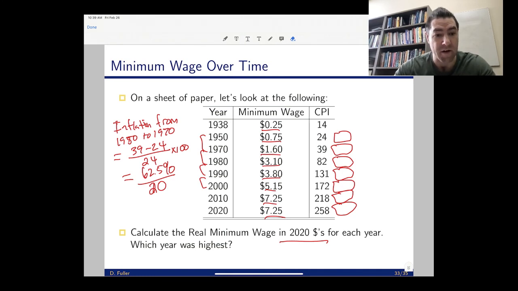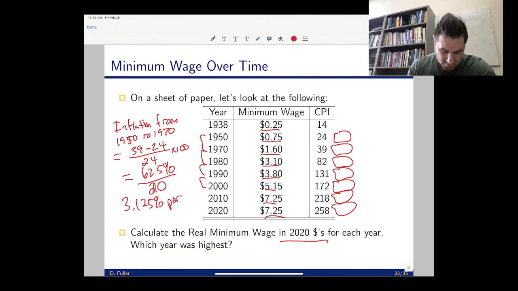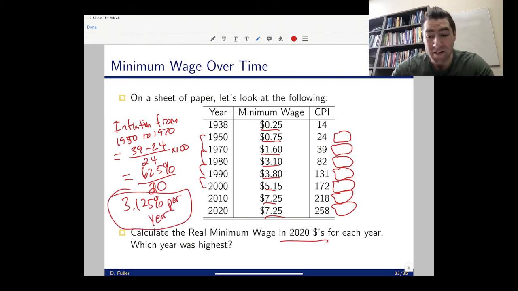So that is actually half of that, 3.125 per year. So not a huge increase, but certainly more than what you're accustomed to here, right? So on average, the cost of living went up by about 3% per year in the 20 years from 1950 to 1970.